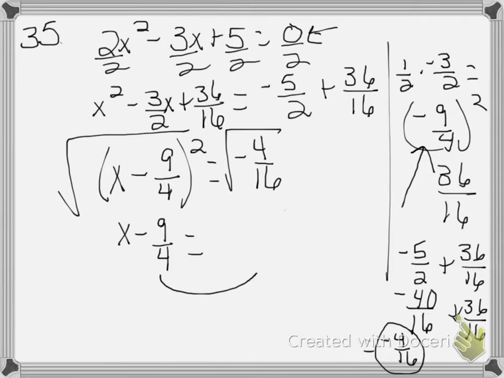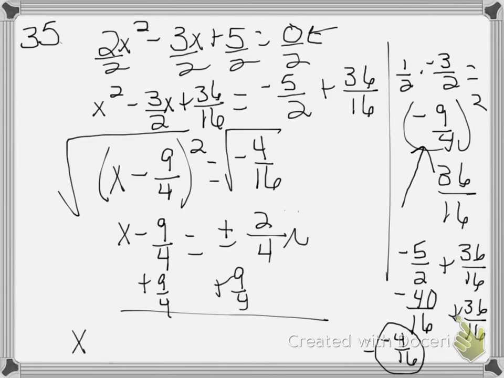And that gives me square root of 4 is 2, square root of 16 is 4, and it's an i. So now I still have a common denominator. So I'm going to add 9/4 to both sides.